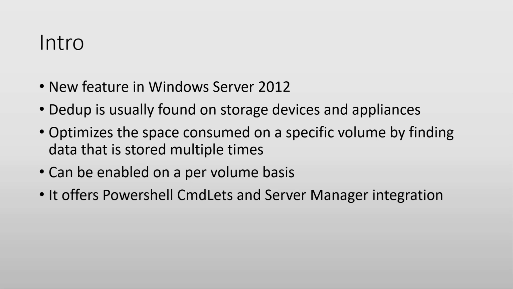Very shortly, what dedup does is optimize the space consumed by files on a specific volume by analyzing the volume with all the files on it, finding duplicate parts in files, deleting all the duplicates, and replacing them with links to that single instance of data.